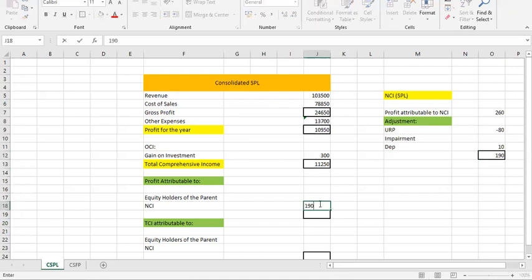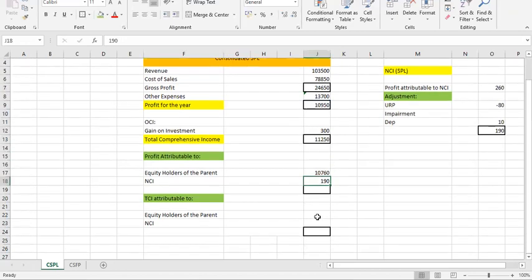Now the remaining will be of the parent. So what will be that? The equity of the parent is this one minus this one. So equity holders of the parent. Okay, fine.